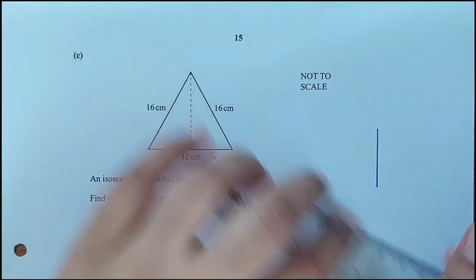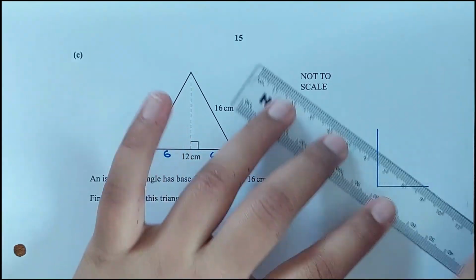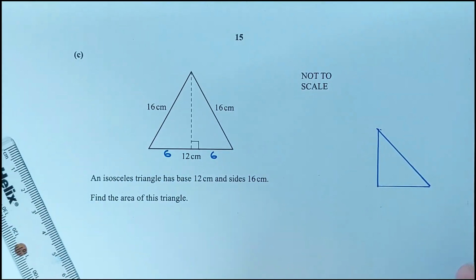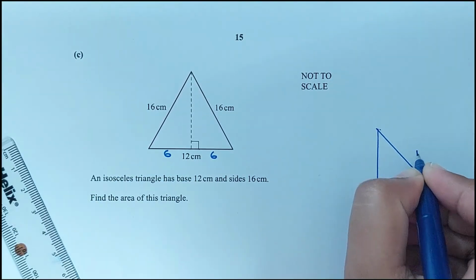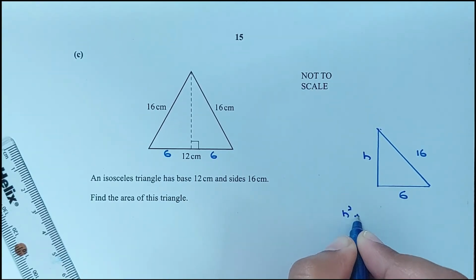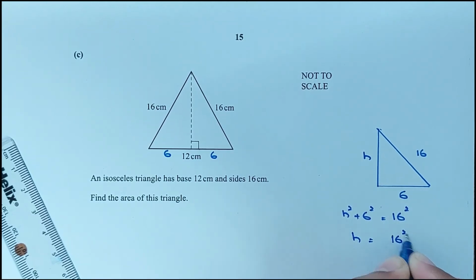If I can draw this, we can find the height by using Pythagoras theorem. This is 6 and this is 16. Let me solve for the height. Height square plus 6 square is equal to 16 square. So height is equal to the square root of 16 square minus 6 square.